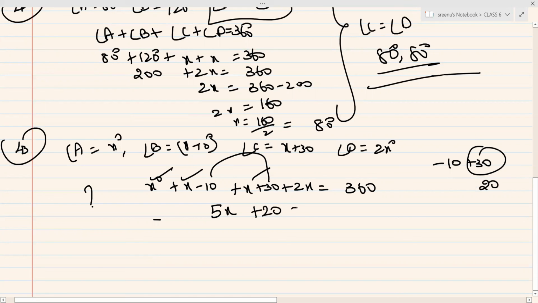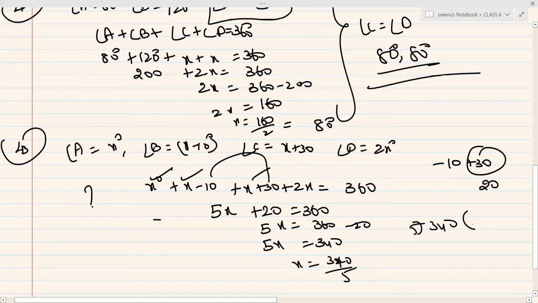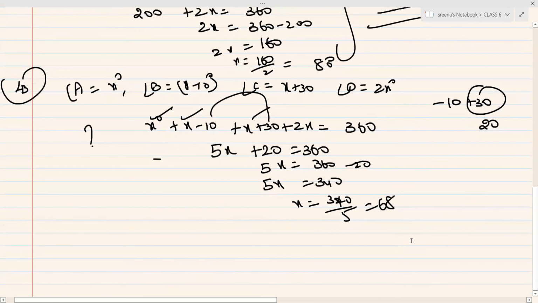So 5x plus 20 is equal to 360. 5x is equal to 360 minus 20, which is 340. If 5x is equal to 340, x is equal to 340 divided by 5, which is 68. The x value is 68.